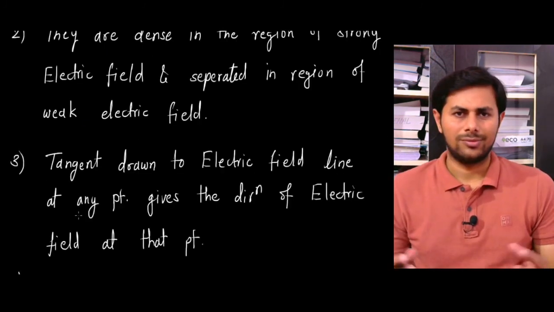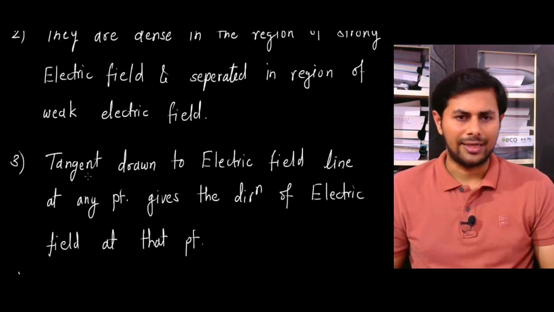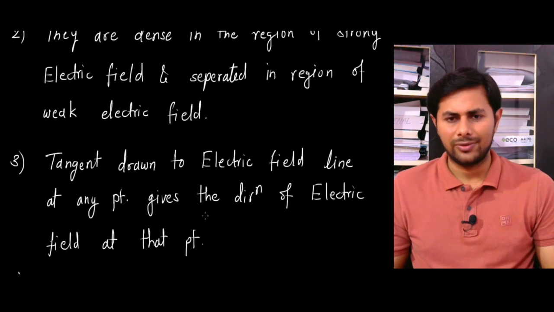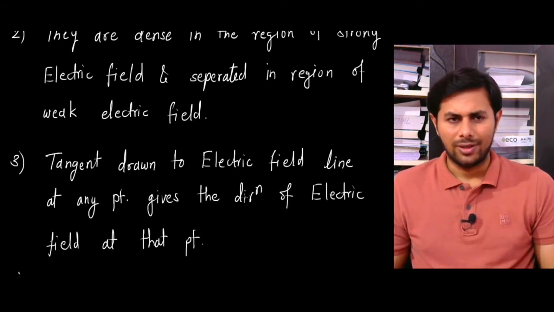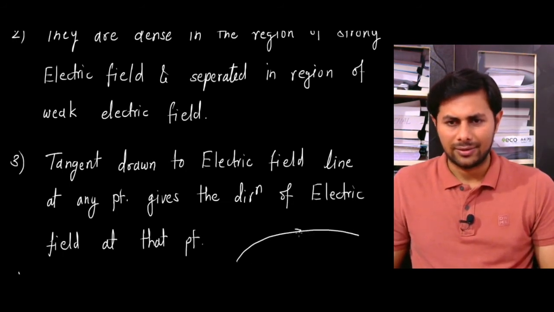Okay. Next property says the tangent drawn to an electric field line at any point gives the direction of the electric field at that point. So let's suppose I draw an electric field line somewhere in space, and I want the direction of the electric field at various points on that line.